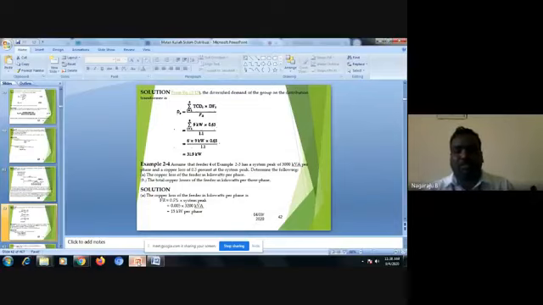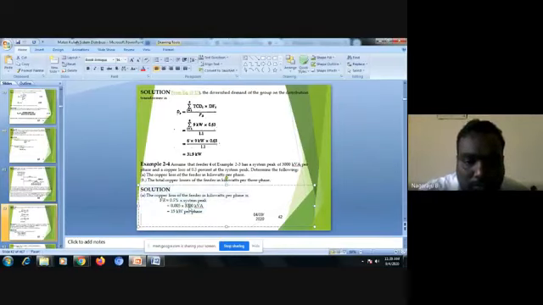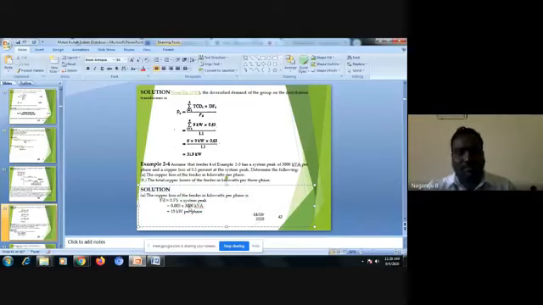Sorry, here it is 3000. This 15 kilowatts I will get. So this is I square R, kilowatts per phase.